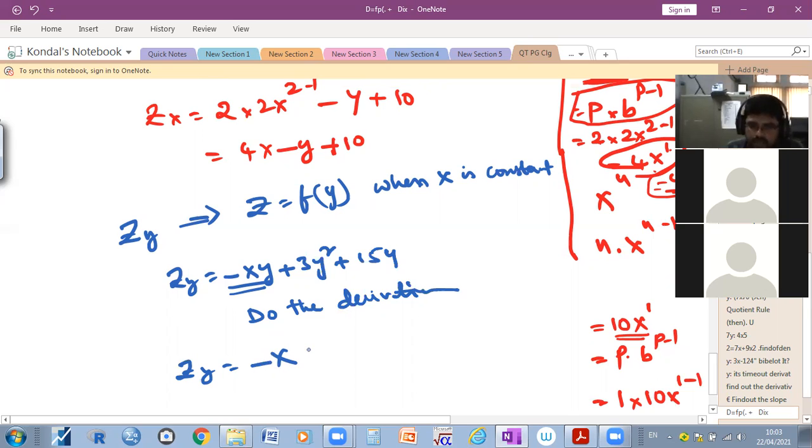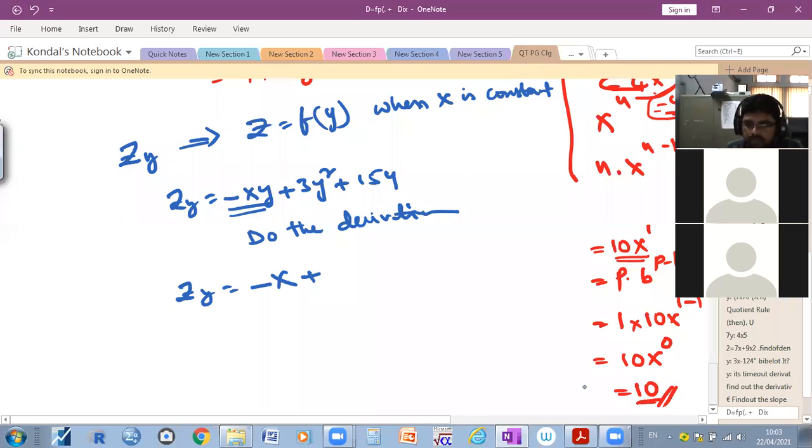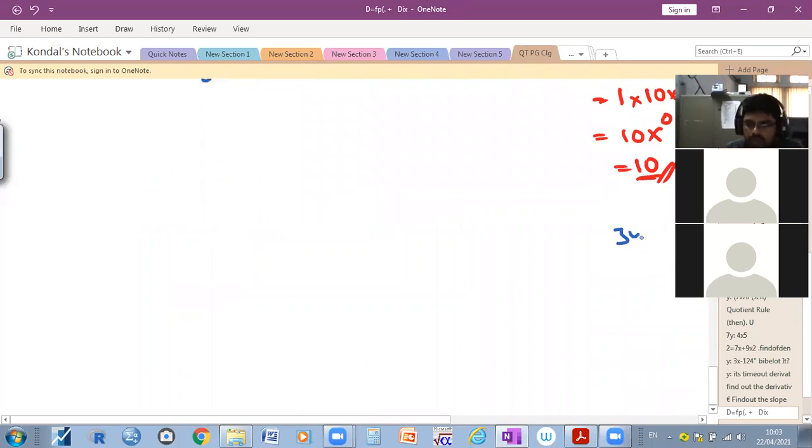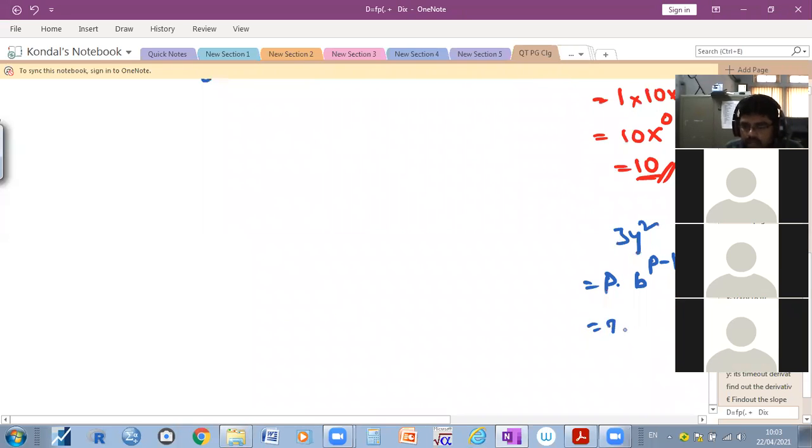So therefore next, 3y square. How much will come? 6y, sir. Here 3y square, so that is power into base power minus 1. Power is nothing but 2, 2 into base 3y, 2 minus 1. 2 into 3y, 6y. 2 minus 1 is 1, so therefore we can write only 6y.